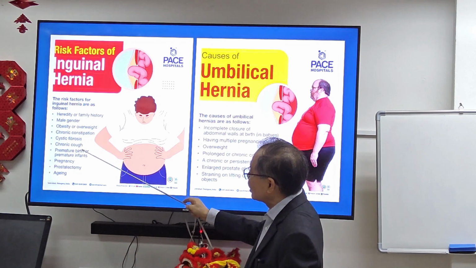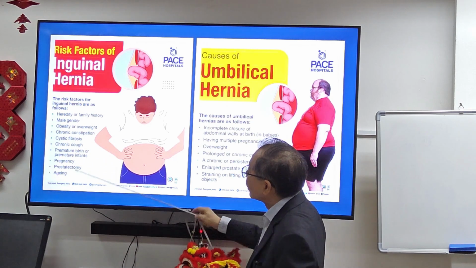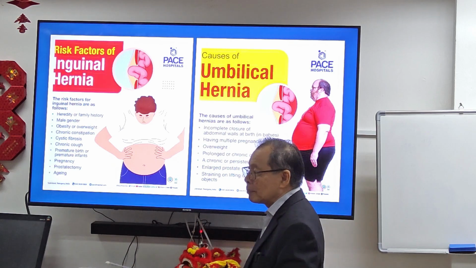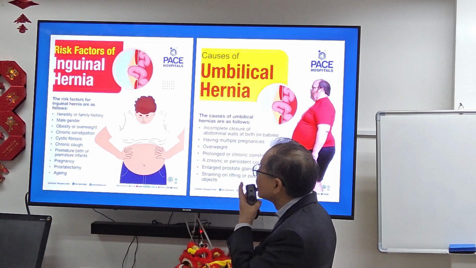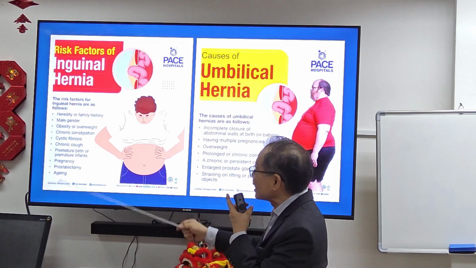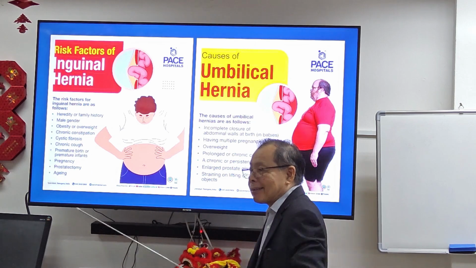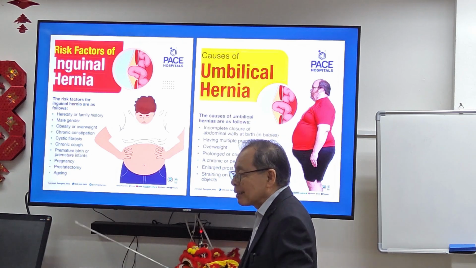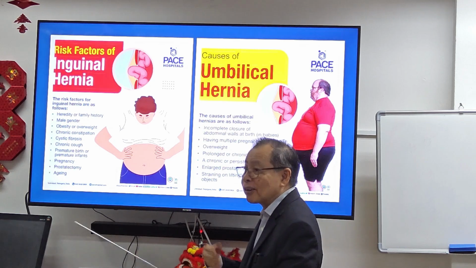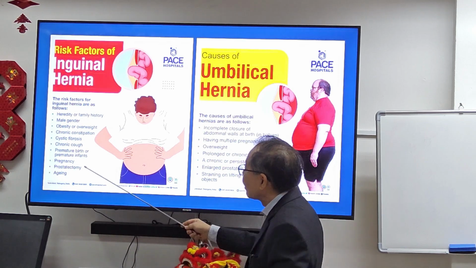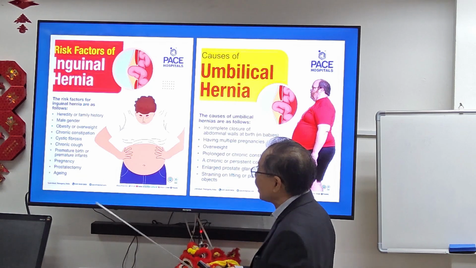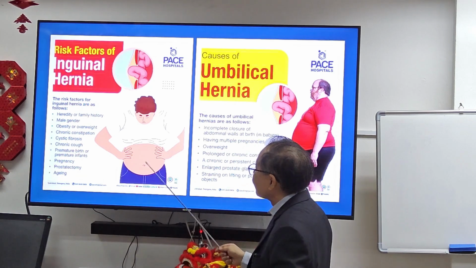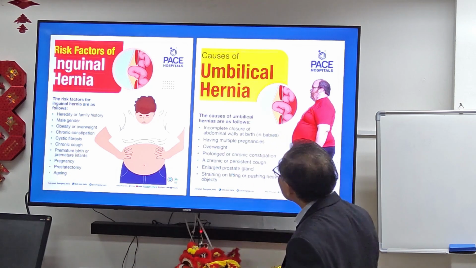Cystic fibrosis, chronic cough, premature, maybe the walls are not well formed. And in a female, of course, pregnancy. Pregnancy, the infant inside puts a lot of pressure on your body. Prostate, those with prostate surgery from the top through the abdomen, and aging.